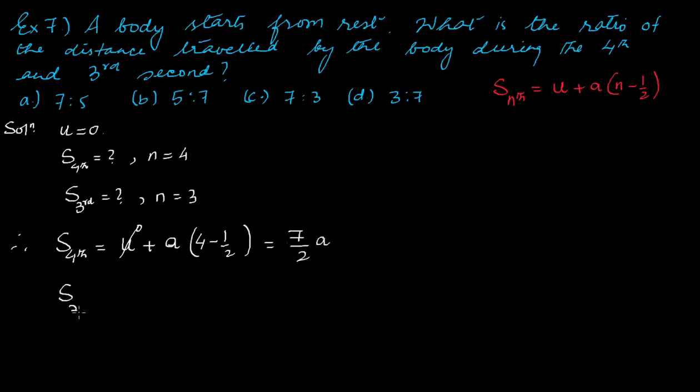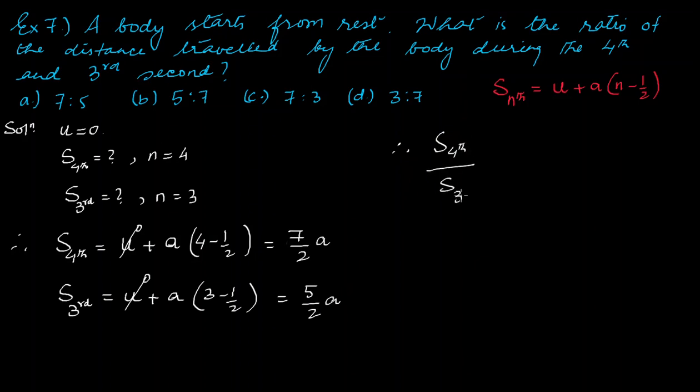Similarly, S 3rd is u plus a into 3 minus half, u is 0, so you get 2 3s are 6, minus 1, 5 by 2 a. So therefore S 4th divided by S 3rd will be 7 by 2a into 2 by 5a. This and this will go. This will be 7:5, which is this answer.